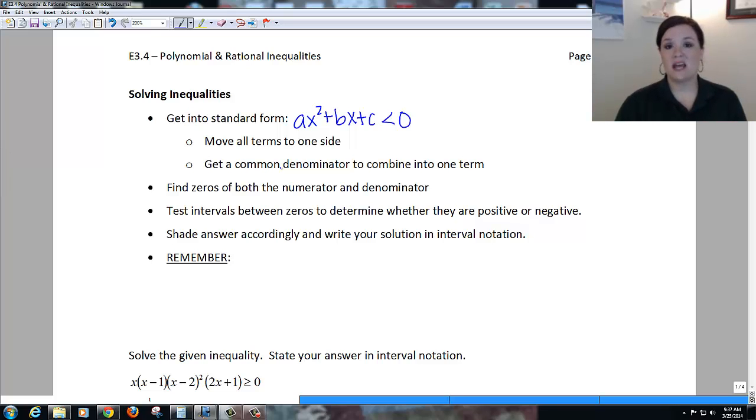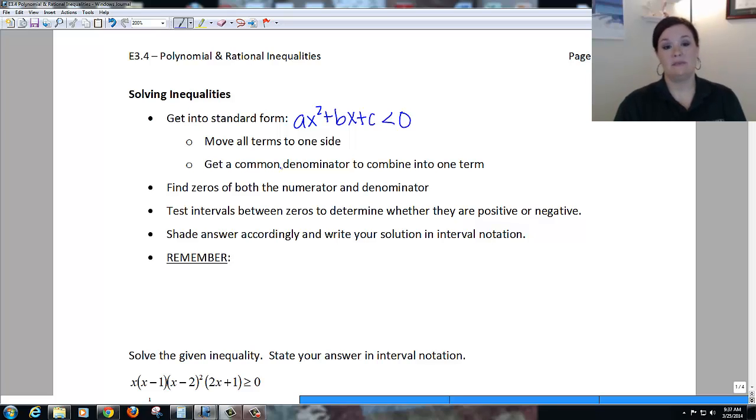Now, if we happen to have a rational inequality, then we have to make sure we make it one term, meaning we need a common denominator and that kind of thing. Okay. So once we have everything on one side and it's just one piece, and then 0 on the other side, then we find all the zeros, okay?